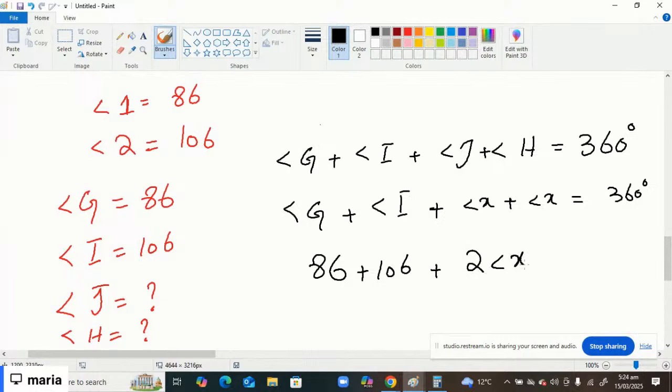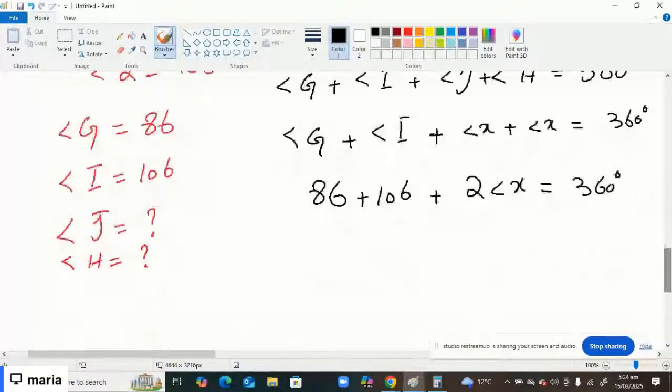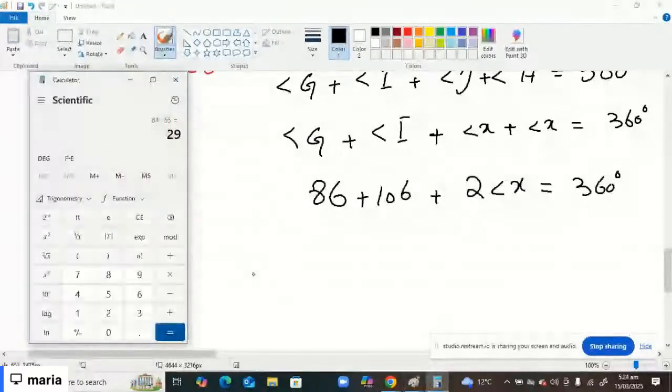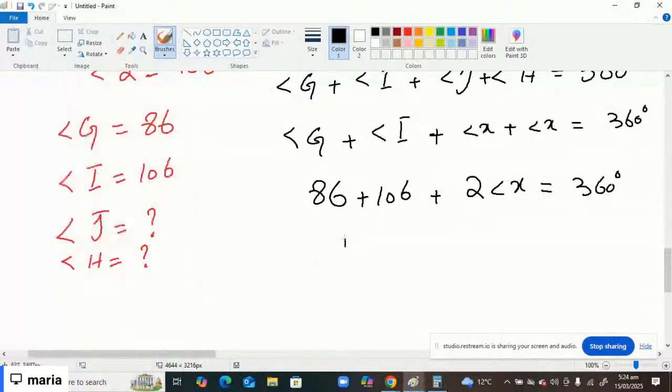These two angles plus two angle X equals 360 degrees. Now adding 106 and 86, this is 192, plus 2 angle X, that is equal to 360.